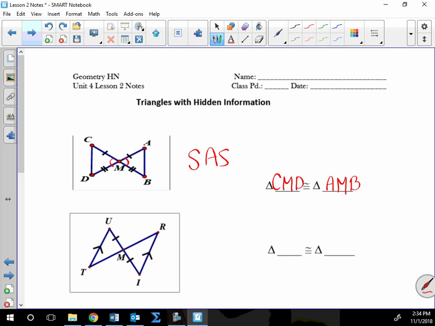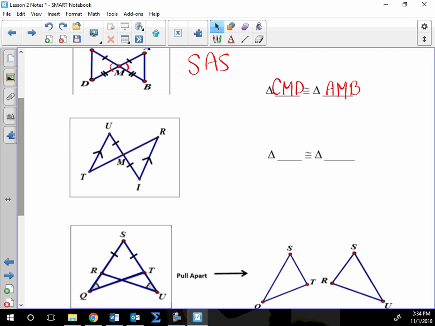All right, next one. What do we know here? We got parallel lines again. So what can I say for my parallel lines? We also have vertical angles, yeah.